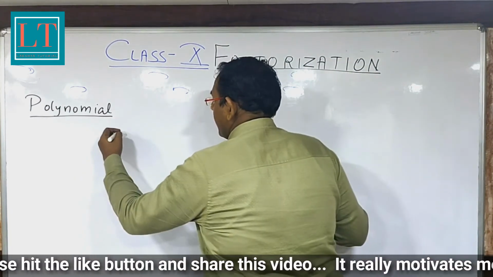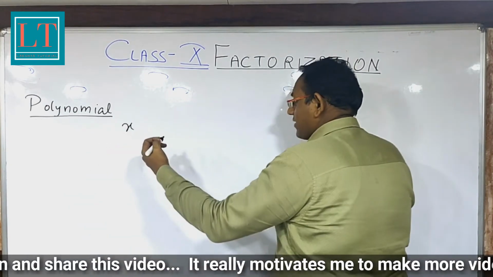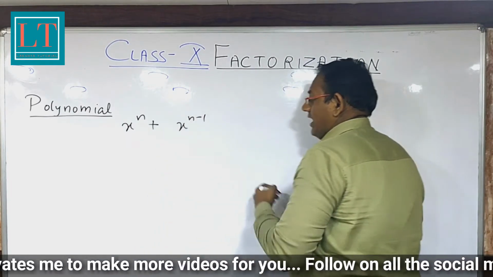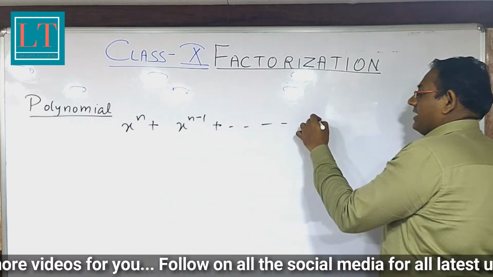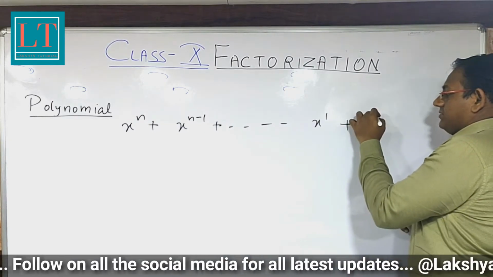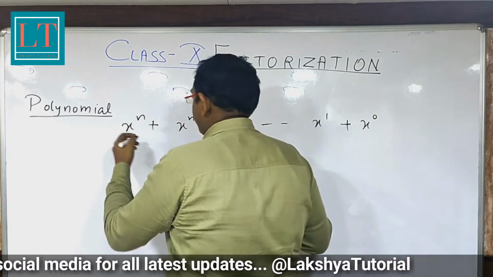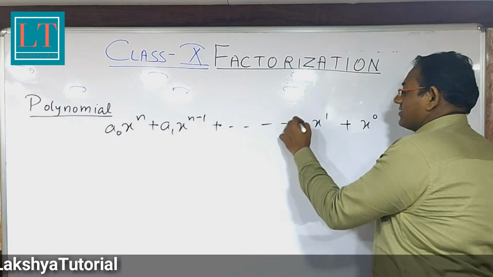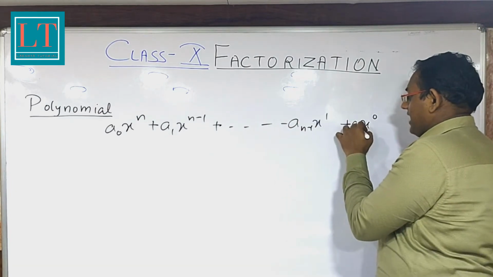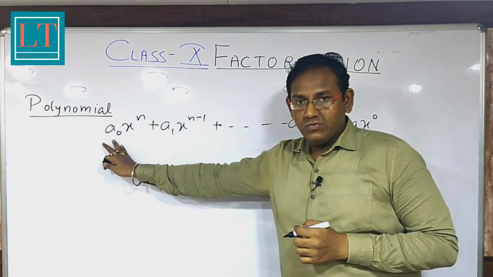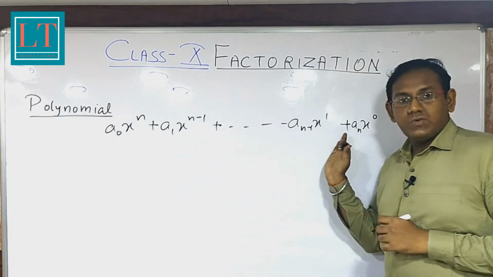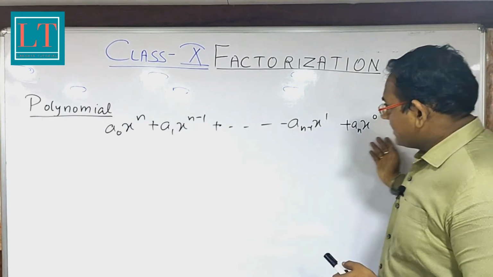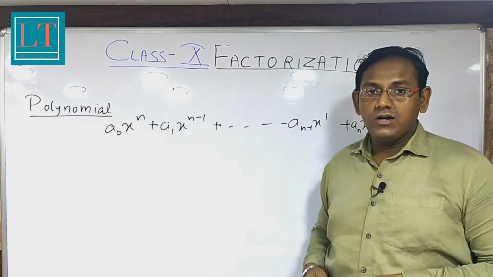Suppose we are expressing the entire equation in powers of x, like x to the power n, then x to the power n minus 1, and so on up till x to the power 1, and then x to the power 0, where the coefficients of these terms can be a0, a1, and so on, an minus 1, and an. These values a0, a1, an minus 1 and an can be any number, but the basic concept is that whenever we get this kind of expression, it is basically called a polynomial.